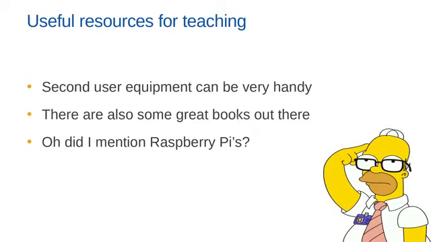There are some great books out there, and by the way, anything you can do on a Linux VM you can pretty much do on a Raspberry Pi. So I've had students just for extra training, when I've been doing world skills training with my students on Linux, I've often had them making Raspberry Pis into VPN endpoints or firewalls and things like that.